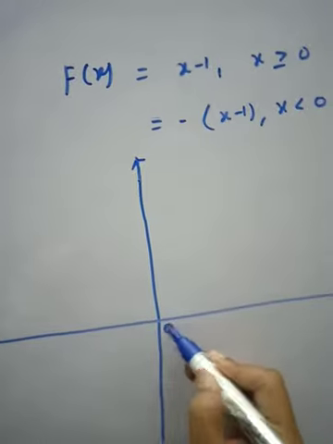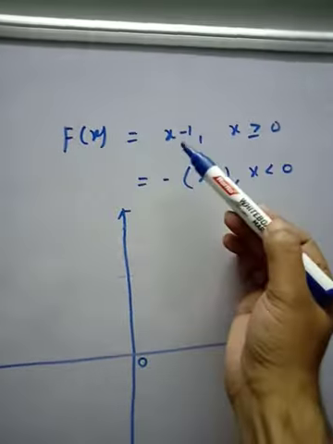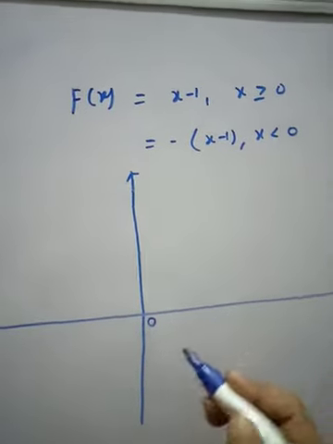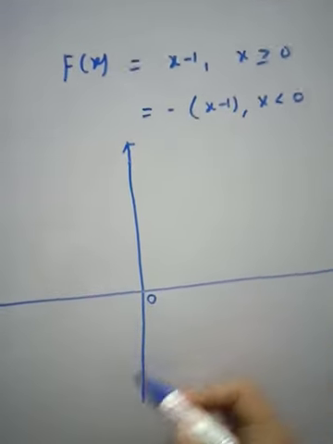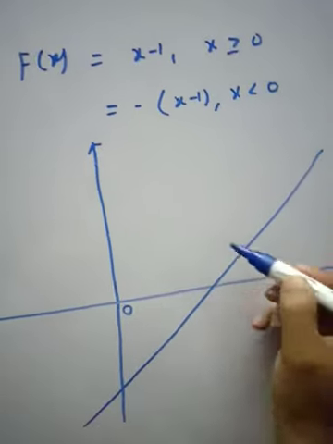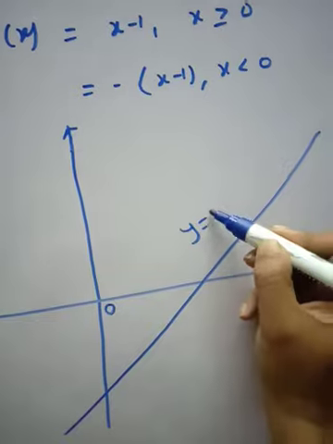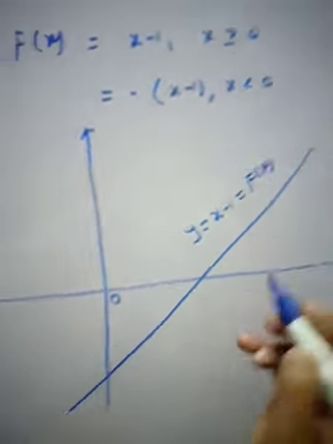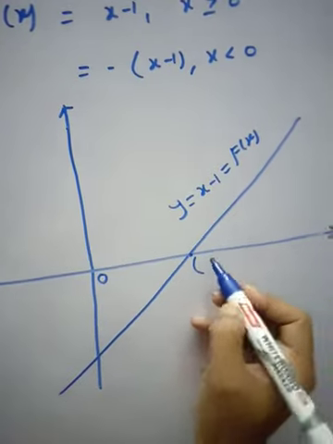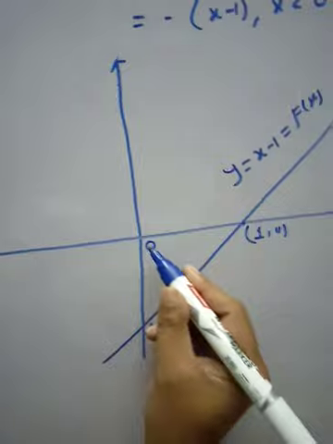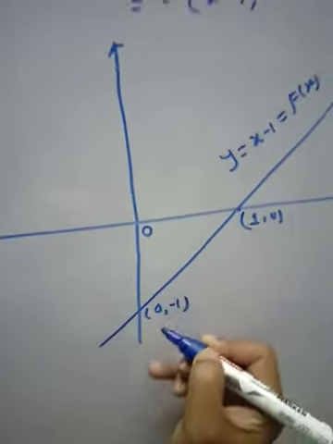So this is the origin. For x minus 1, when y is 0, x will be 1, and when x is 0, y will be minus 1. So the graph will be like that. This is y equal to x minus 1, which is our f(x). This coordinate is (1, 0), and at 0 it is minus 1.